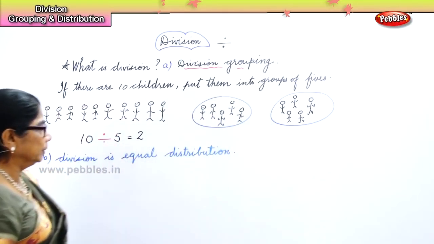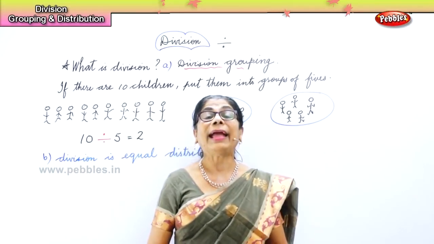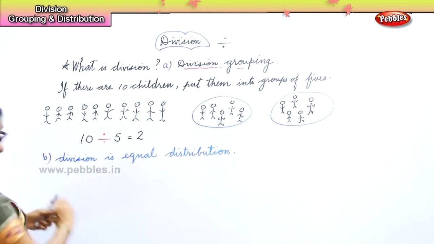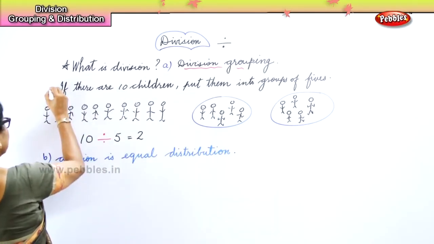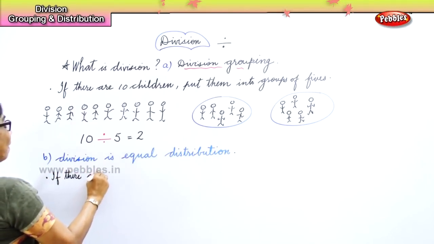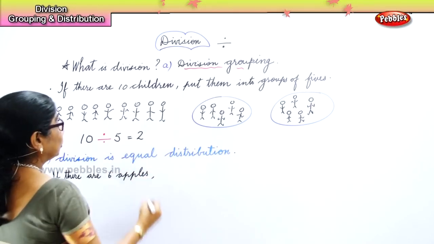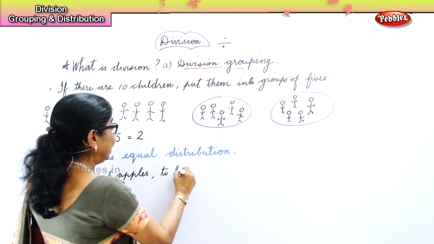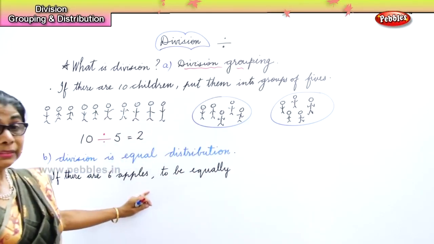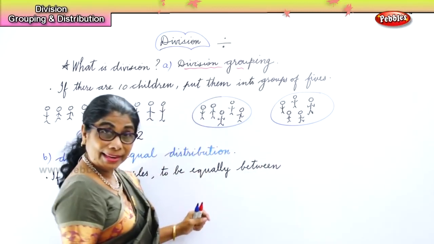Now, there are 6 apples to be distributed equally among 3 girls.